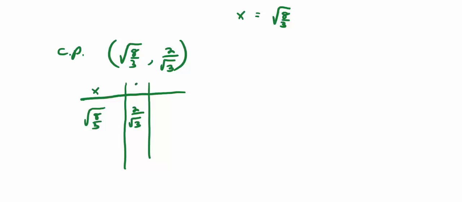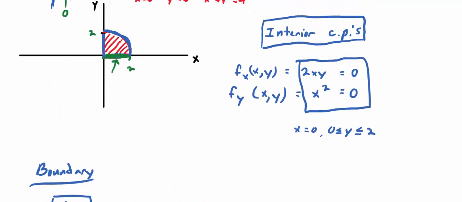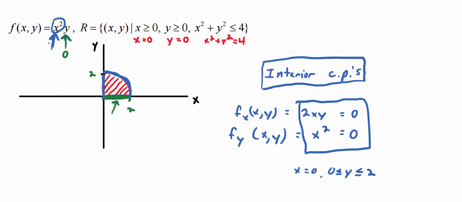So x, y, what is f of x, y then? Well, if you run x equals square root of 8/3 and y equals 2 divided by square root of 3 through the function, the function says to square the x and multiply it times the y.